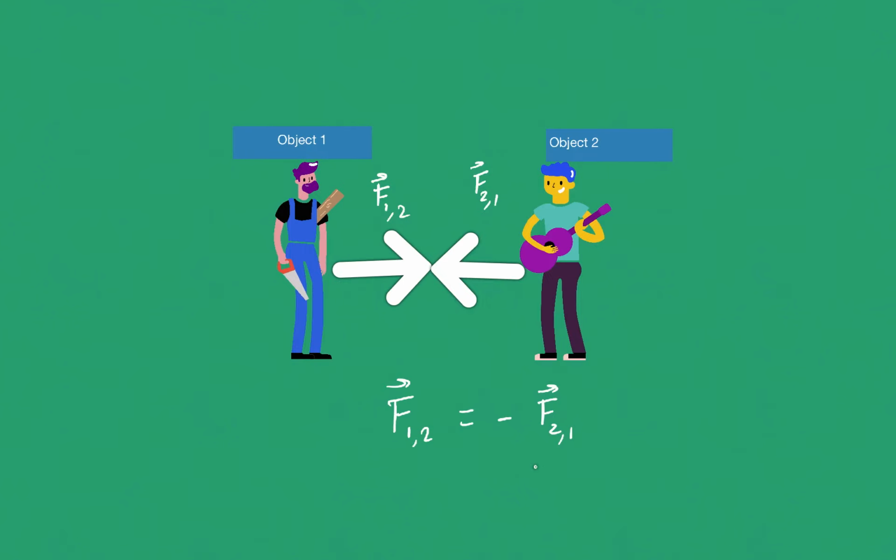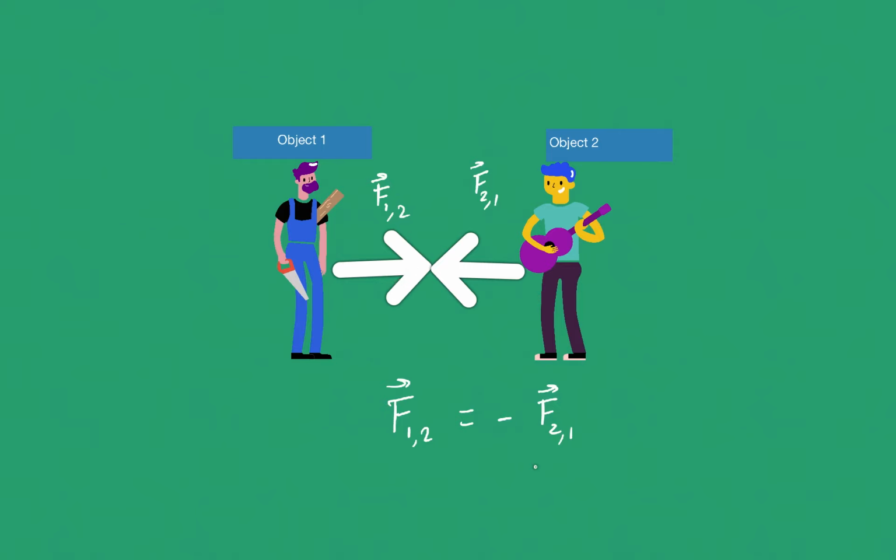To see the third law, of course, the force can be attractive also. So in this case, what we mean is that if the force acting on 2 due to 1 is going in this direction, this force cannot exist by itself, just alone. There exists another force that is acting on object 1 and is going in the opposite direction with the same magnitude.